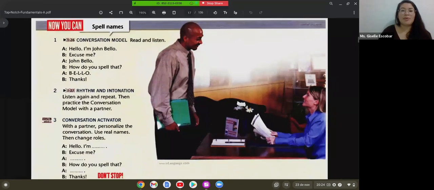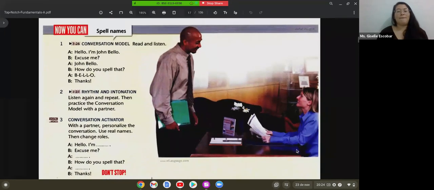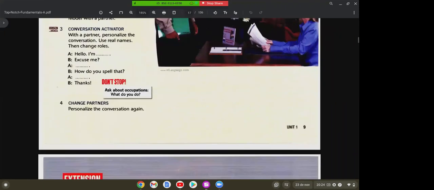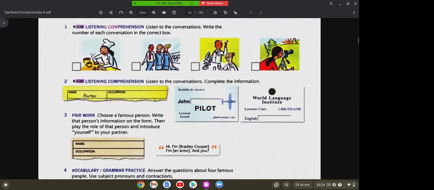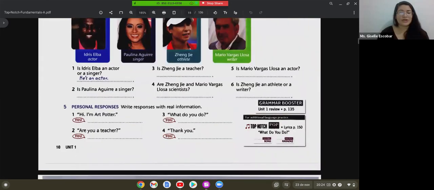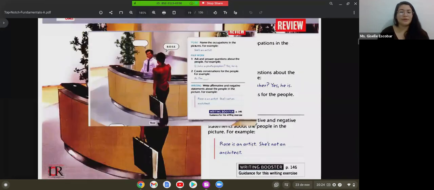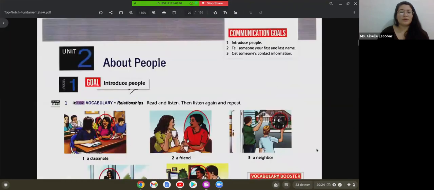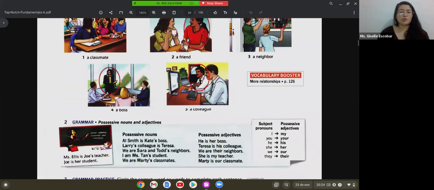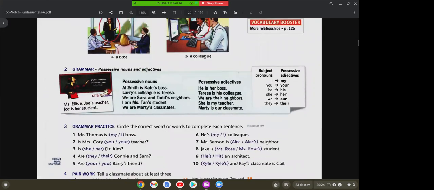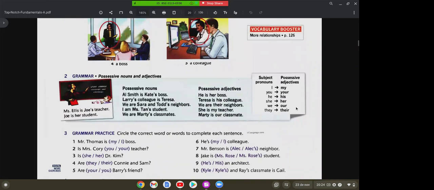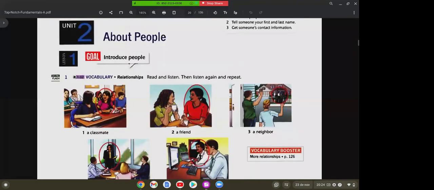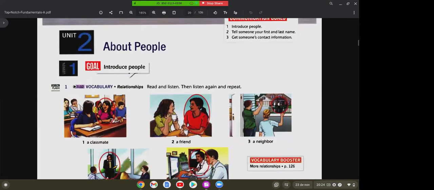Ya veo que sí se memorizaron el alfabeto. Good job. Thanks, teacher. Buen trabajo. I think we have another conversation activator here. Teacher, en la conversación anterior, si estoy practicando, le estoy preguntando a alguien, se presenta y me dice, caso suyo, Miss Giselle Escobar.